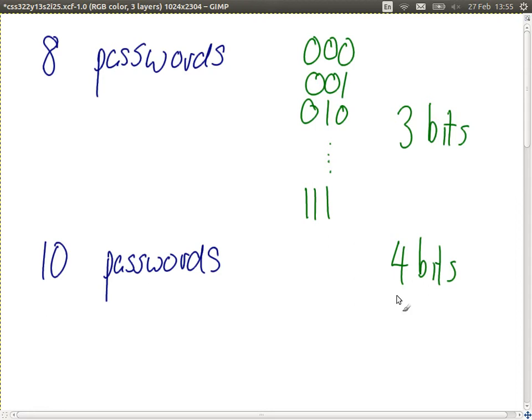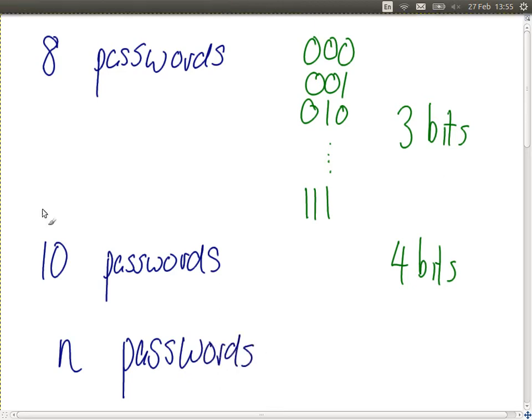Log base 2 of 10 is not 4, but it's 3 point something, and assuming we cannot have fractions of bits in computers, with our smallest unit being a bit, then we need to round it up. We'd need 4 bits. But in general, with n possible values, you need log base 2 of n bits.